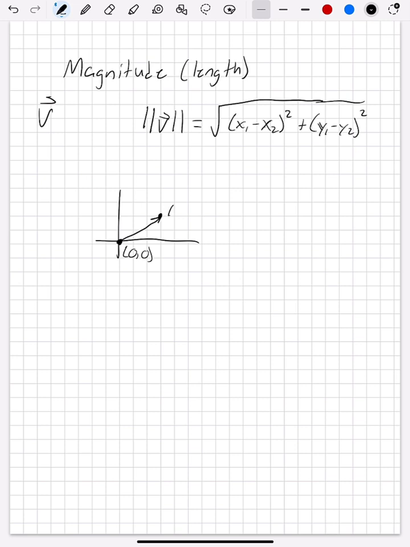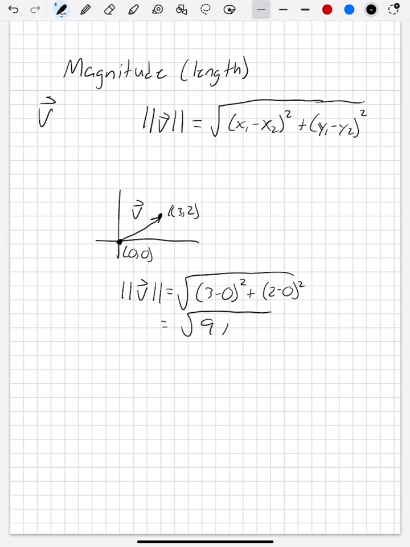So if I wanted to find the magnitude of this, I would just take the square root of the difference of my x's, so 3 minus 0 squared, plus 2 minus 0 squared. Of course, that is 9 plus 4, which is the square root of 13. And so this vector has a length or a magnitude of the square root of 13.